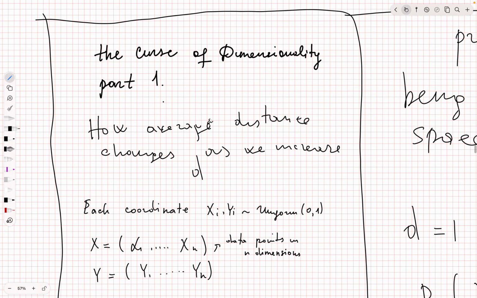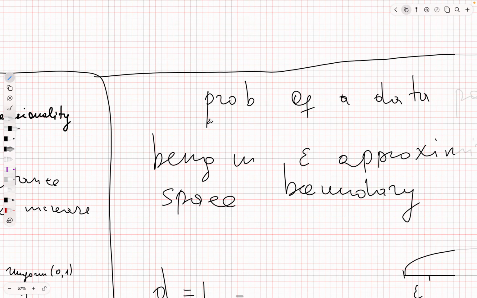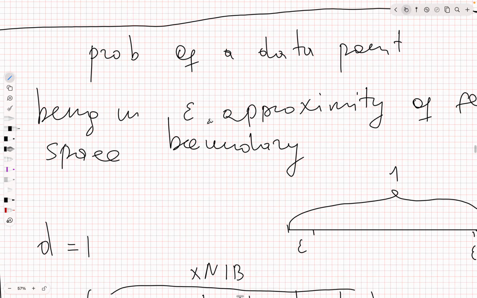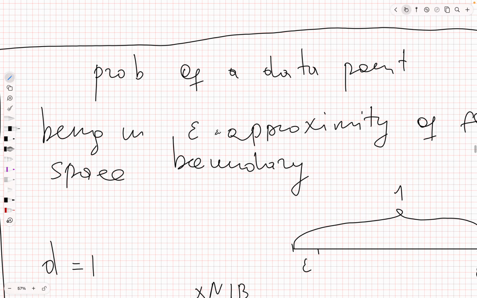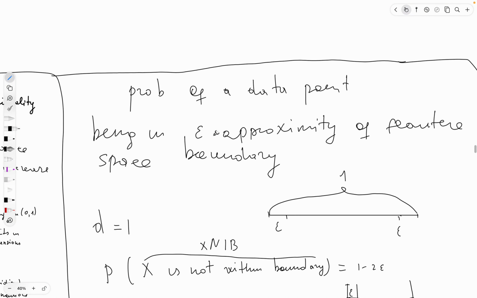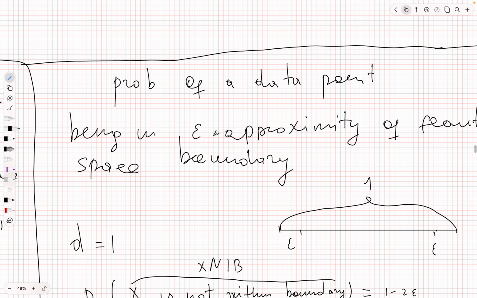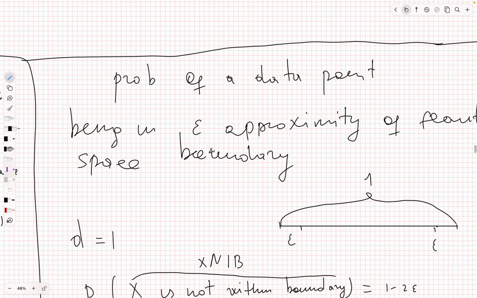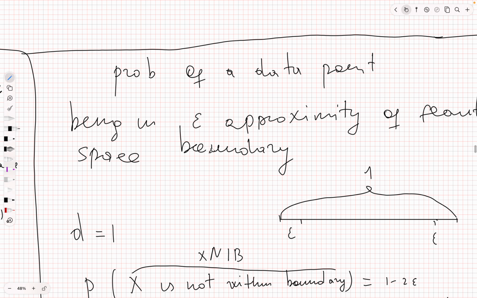So we're going to first look at this phenomenon, the probability of a data point being in epsilon proximity of its feature space boundary. What does it mean? If we have a feature that is one-dimensional, we can just describe it on a line, and we denote the boundary as epsilon.